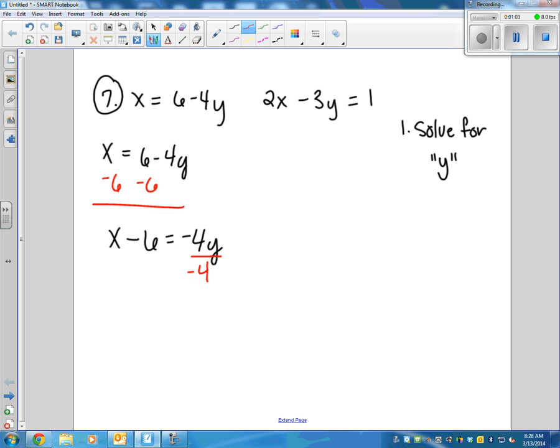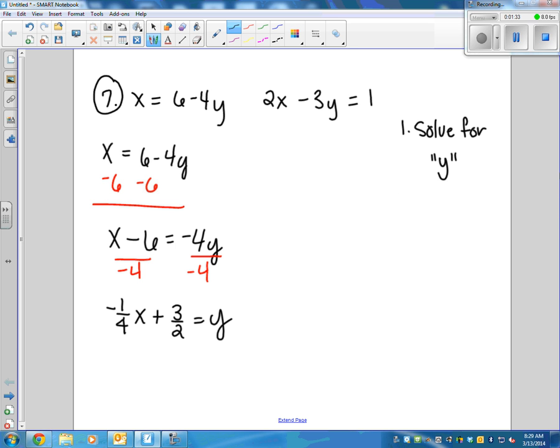Divide both sides by negative 4. Good. And I will now have negative 1/4 times x. Now these two negatives are going to cancel, and I'll get positive 6 over 4. Can I reduce that? What can I reduce it to? 3 over 2. So positive 3 over 2 equals y.